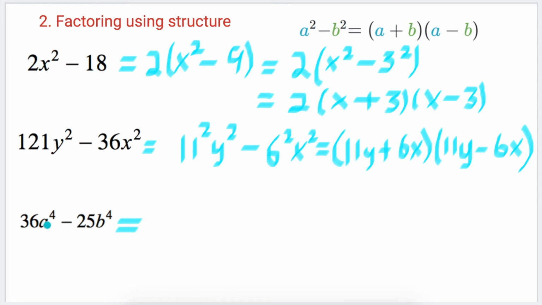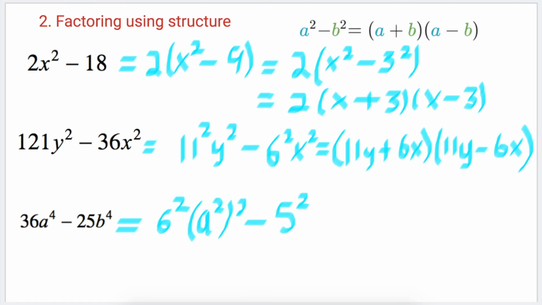In this last math problem, we have a and b having exponents of 4, but we can use a really nice trick to change those 4s into squares. So the first thing that we're going to do is change 36 into 6 squared, and then a to the power of 4, we can write it this way: a squared inside parentheses squared. And then we're going to do the same thing with 25.